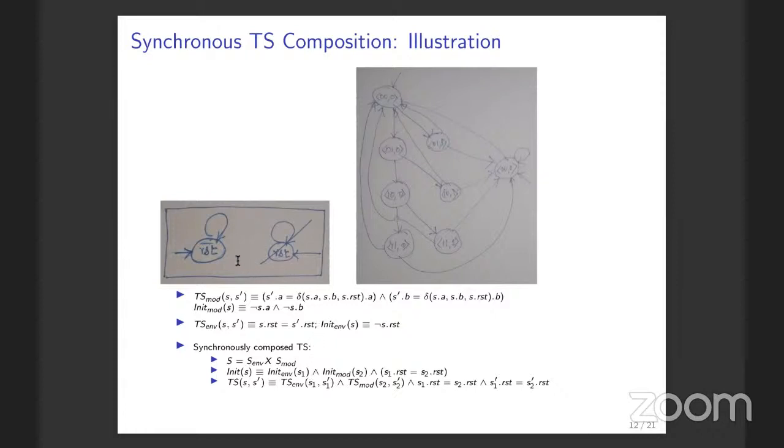The initial state of the combined system is now a cross product of the states of the two things. So you understood what the combined initial state is, correct? So the combined initial state is constrained to be such that both these conditions are valid, okay?